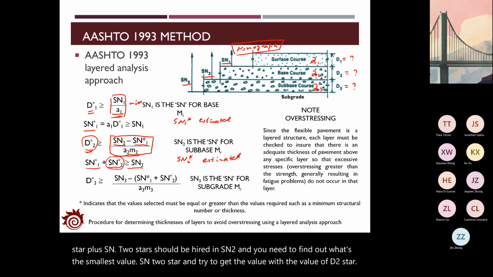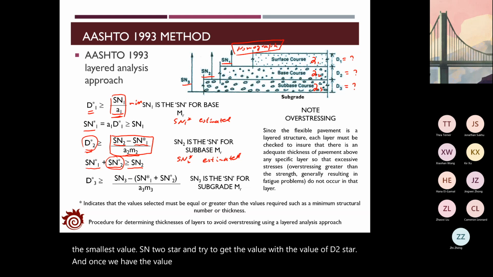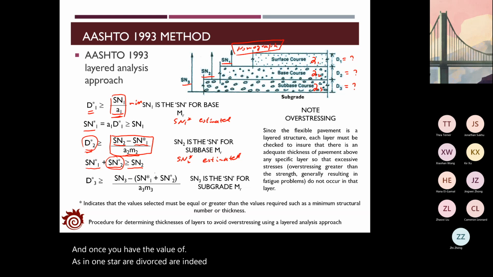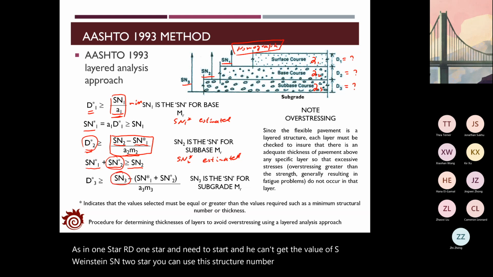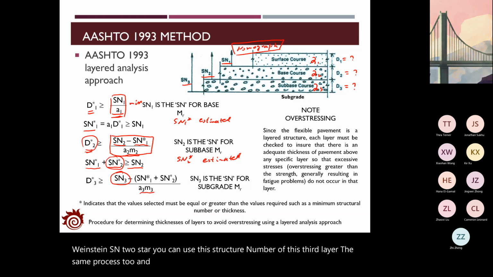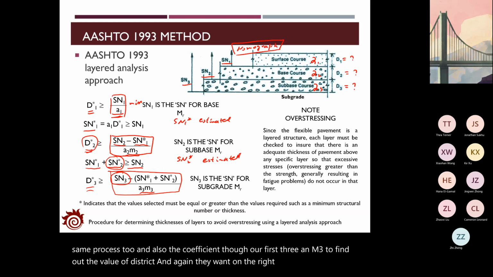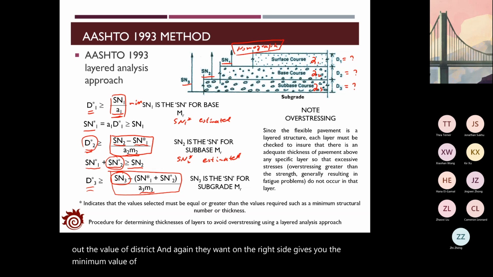And once you have the values of SN1 star, D1 star, D2 star, and SN2 star, you can use the structure number of the third layer, the same process, and also the coefficients alpha 3 and M3 to find out the value of D3. And again, the one on the right side gives you the minimum value of the thickness for the third layer.